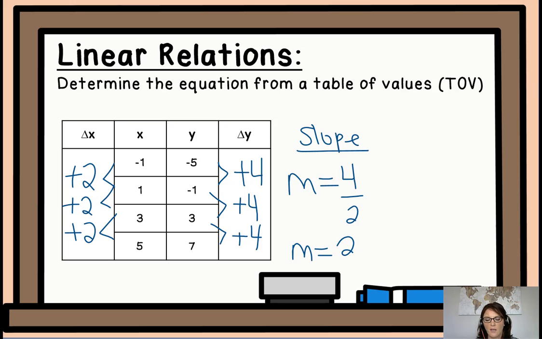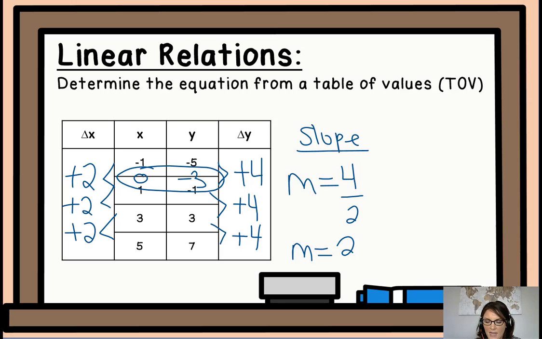And this time, again, we don't have an x value of 0, but we can interpolate. So we know the 0 is between the negative 1 and the positive 1. So what value is going to go in between the negative 5 and the negative 1? Negative 3, that's correct. Okay, so that is our y-intercept by interpolation.